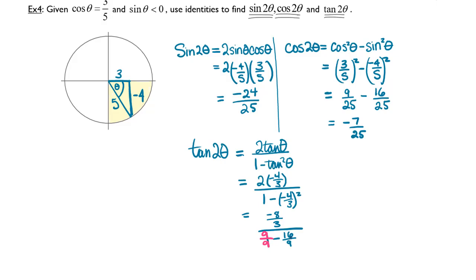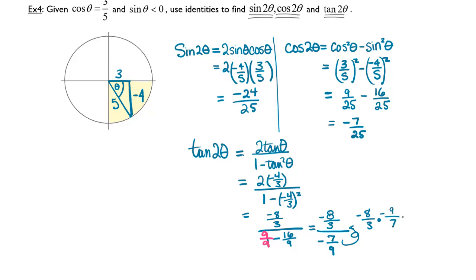So I have 9 minus 16, which is negative 7/9. And remember, I can flip the second fraction over and multiply, which will give me negative 8 over 3 times negative 9 over 7.